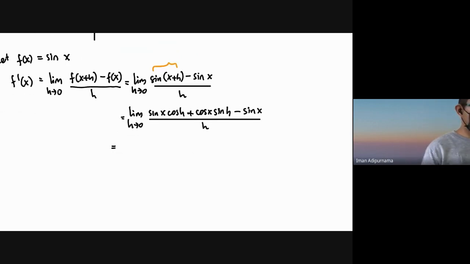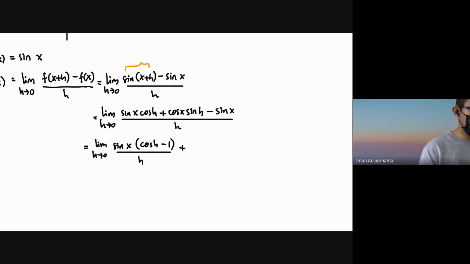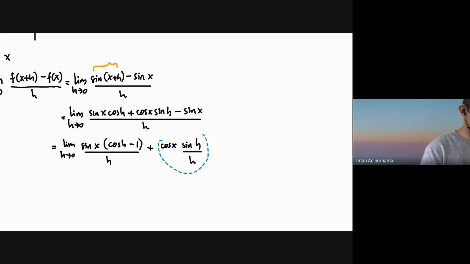Let's factor out sine x and separate it to become two limit functions. So the first one is sine x times cos h minus 1 over h, and then plus cos x times sine h over h.